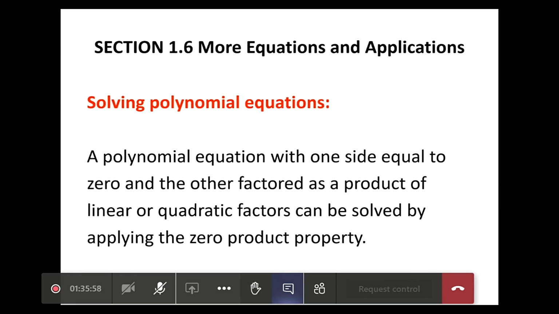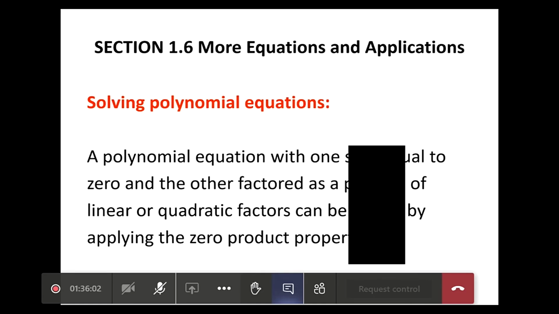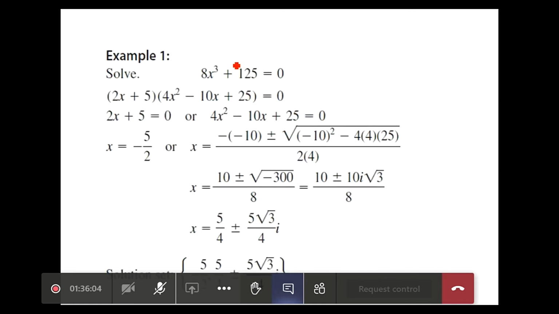Now we have many polynomial equations like this. If we need to find the solutions for this polynomial equation to the power 3, we can solve it in many ways. One of these ways is factorization of this equation.